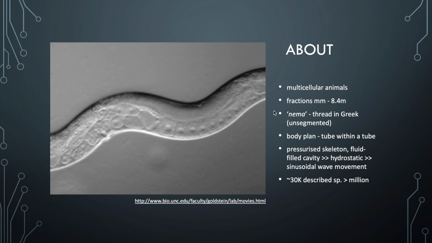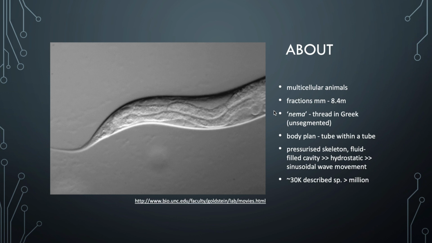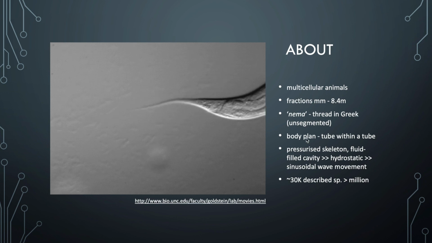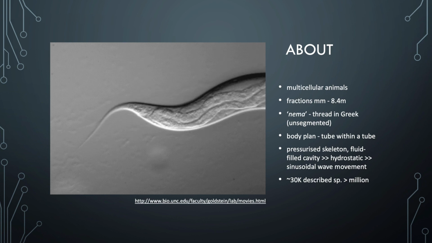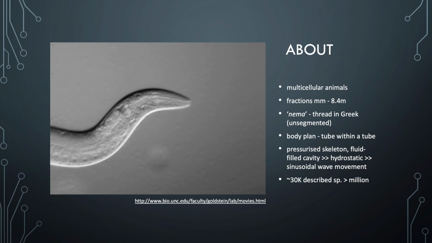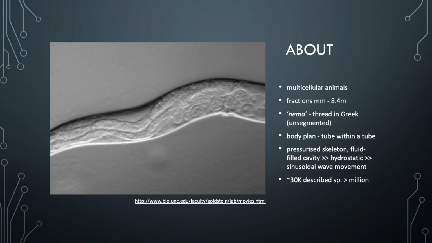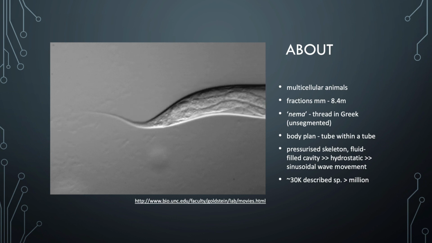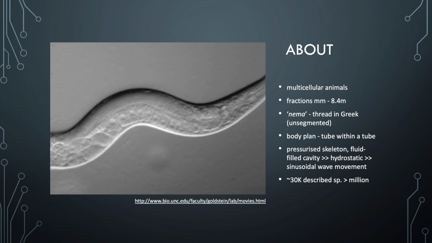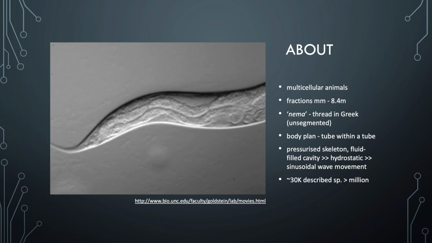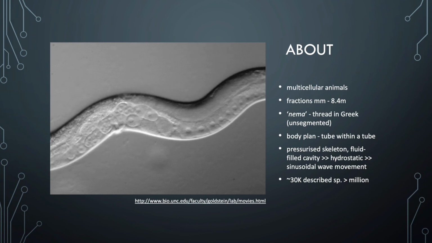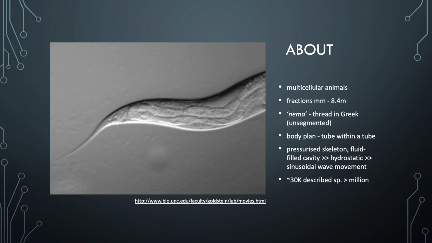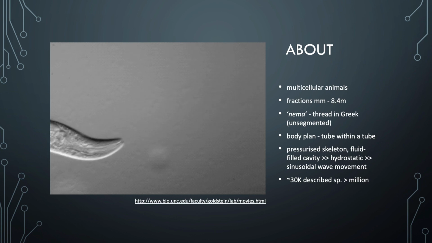This fluid-filled cavity is important as it provides hydrostatic pressure that allows the nematode to move. So instead of having a skeleton like we do or an exoskeleton like insects, their body is held up through a pressurized skeleton, liquid that is under pressure, and allows them to move in a wave-like movement in a sinusoidal wave fashion.